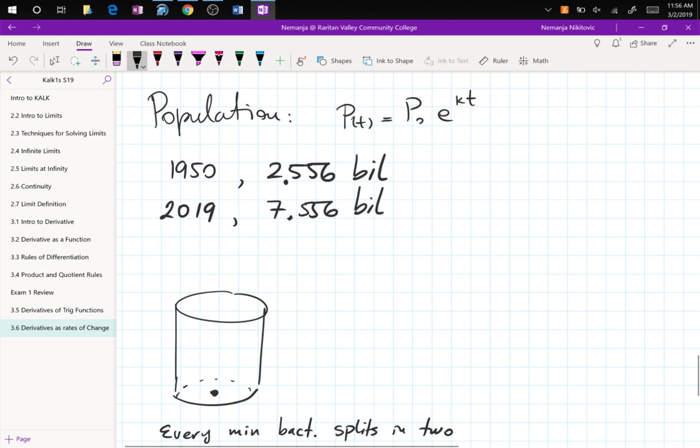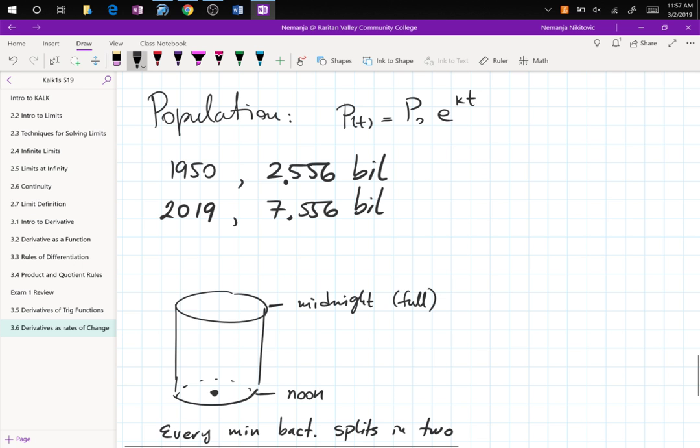So now, say that at noon you have one bacteria and at midnight the jar is full. The jar is full at midnight and you're starting at noon.